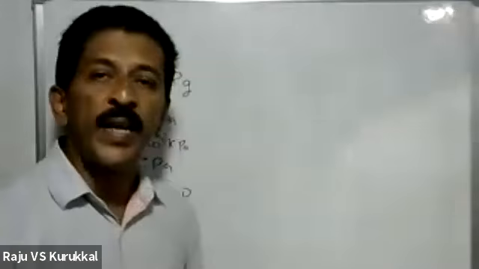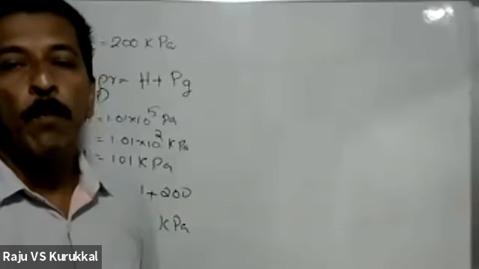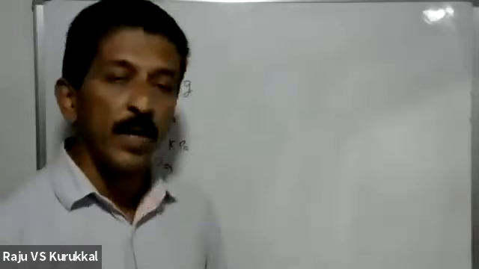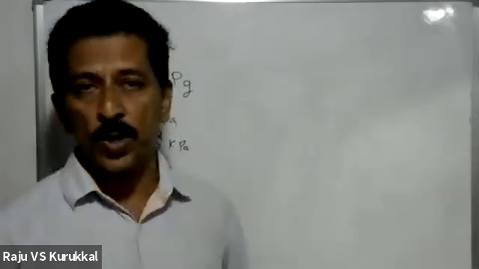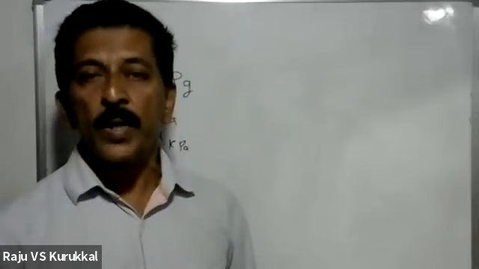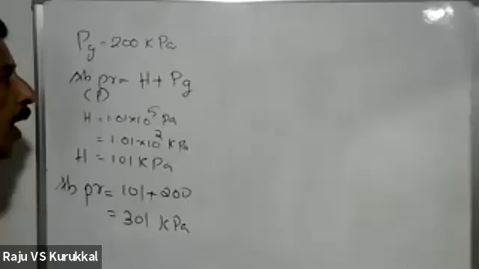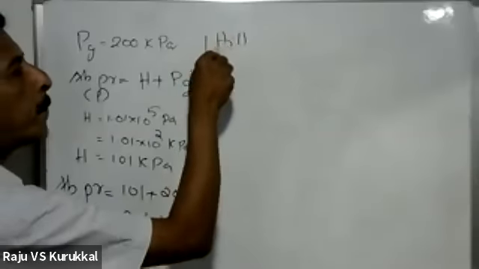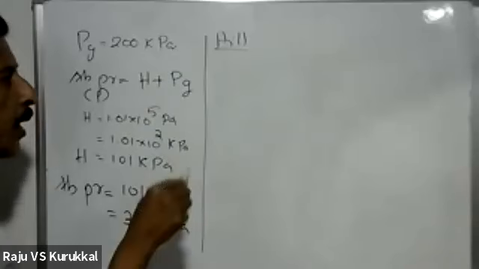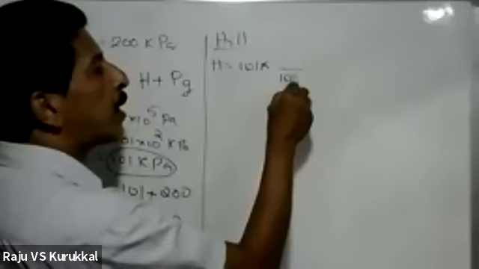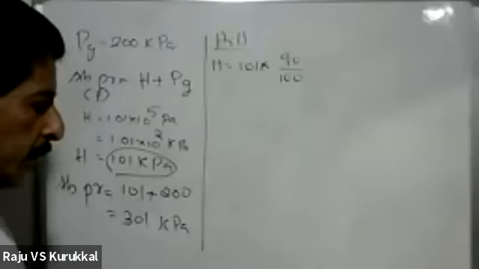Okay. When the car is taken to the mountain peak, the pressure is reduced by 10%. 10% reduction is mentioned, so how do we write it? At the mountain peak or at the hill, the atmospheric pressure, that is 101 kilopascal, with 10% less becomes 90, so 90 by 100.